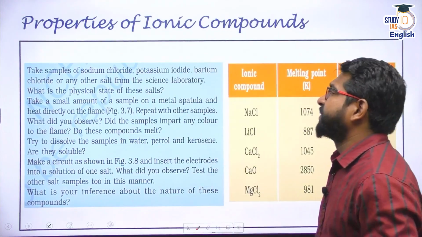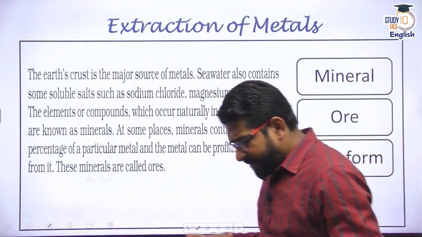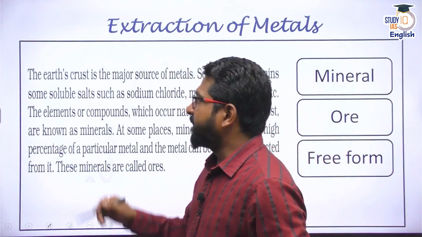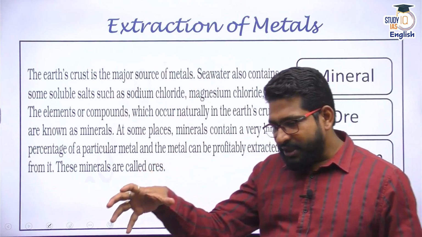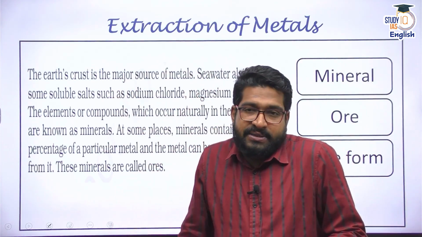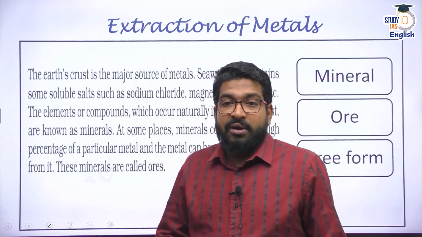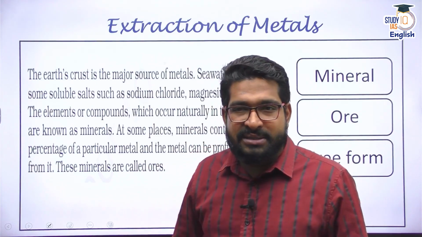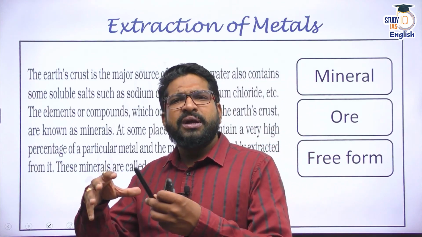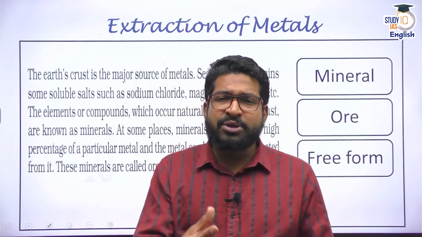Right. Next, we'll talk about metals. Now we understood ionic compounds and our focus is on metals itself. How do we extract metals, or where do we find metals? First of all, we do know metals are found in the earth's crust. Now many of the metals can be found in dissolved condition in our ocean water.